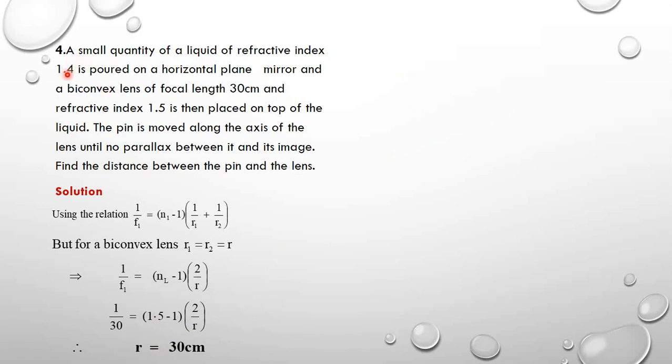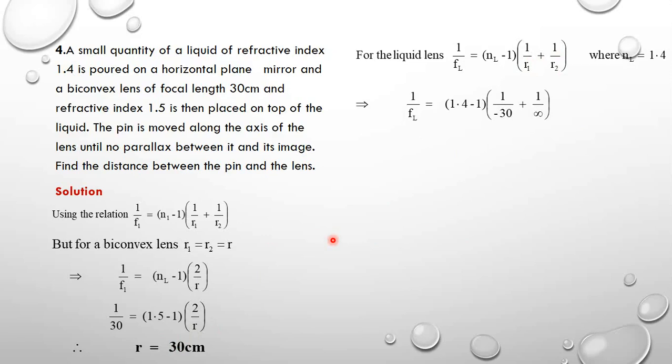Remember, I have its n as 1.4. So using that formula still, where n_L is 1.4, we shall substitute and look for this. Remember, the lower part is going to be flat and the upper part is going to be concave. So R1 here is going to be negative 30, and R2 is going to be infinite. So we shall have this, and then we shall get our f_L as negative 75 centimeters.